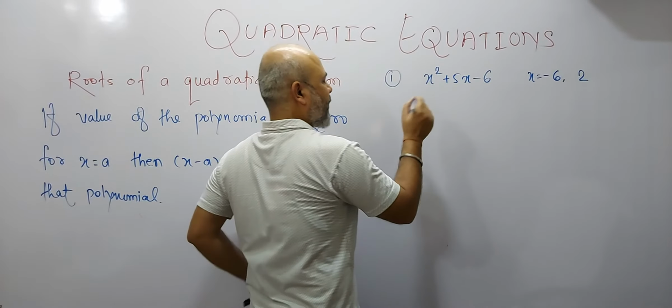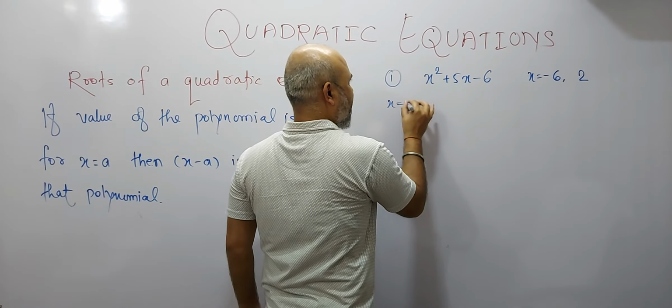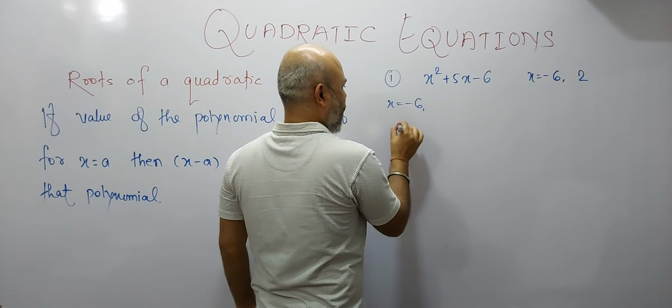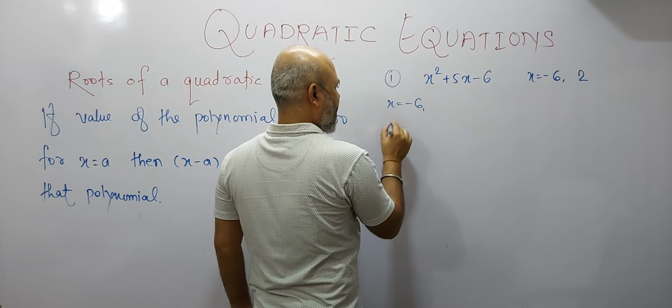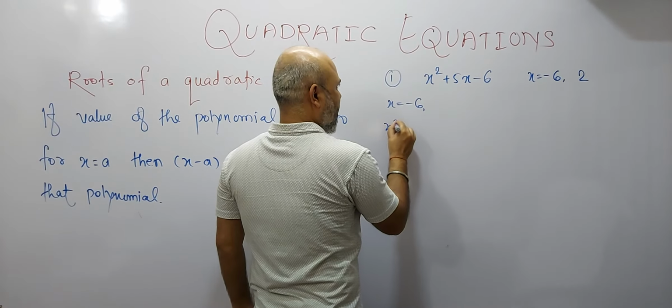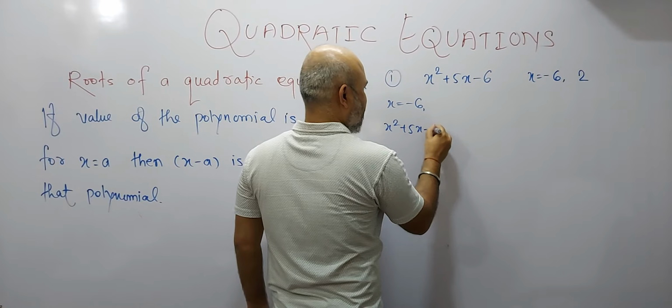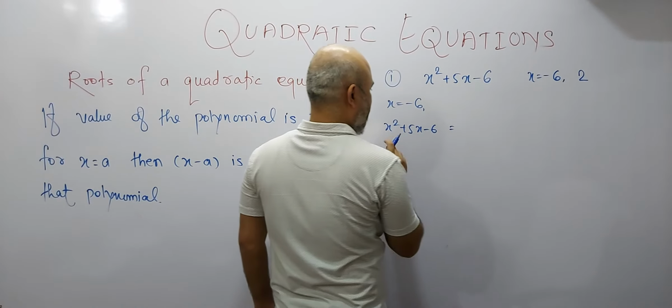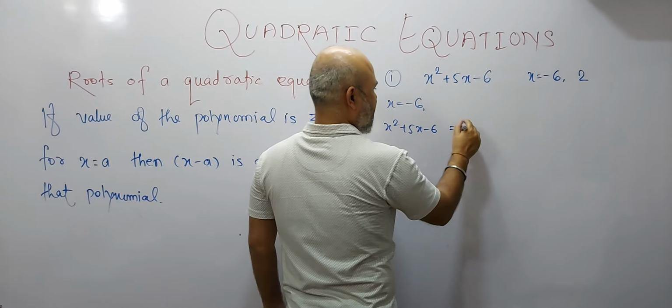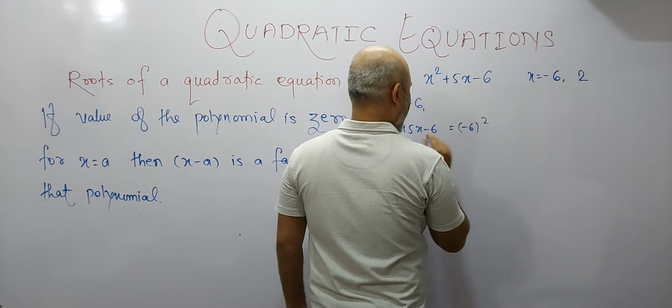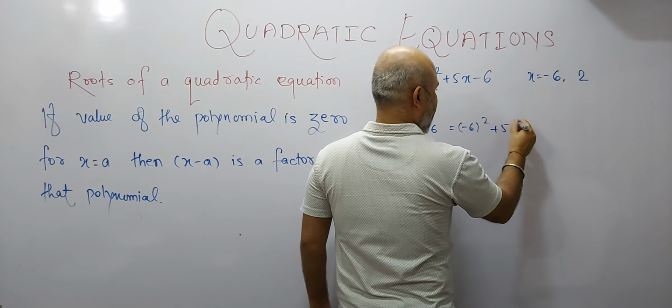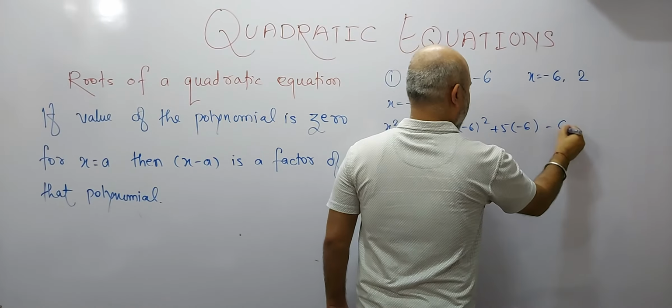So let us put the value x is equal to minus 6 in this polynomial. So x square plus 5x minus 6 is equal to, x is minus 6, so minus 6 squared, and plus 5 times x, minus 6, and then minus 6.